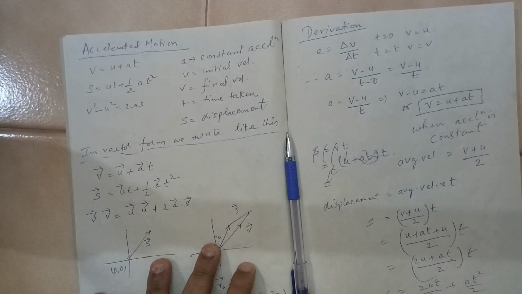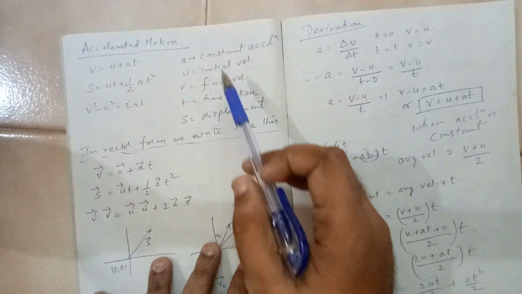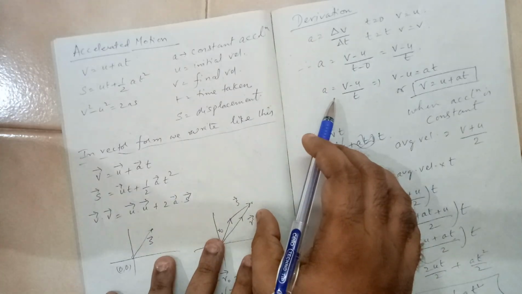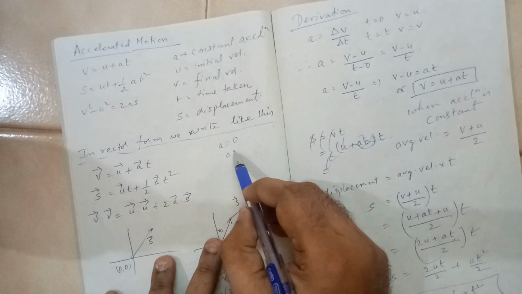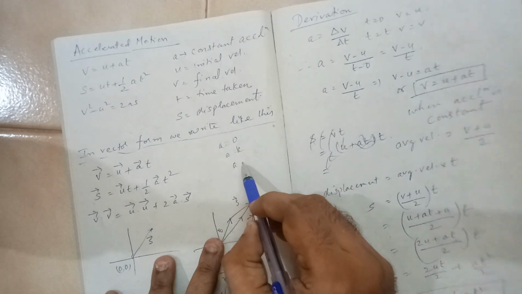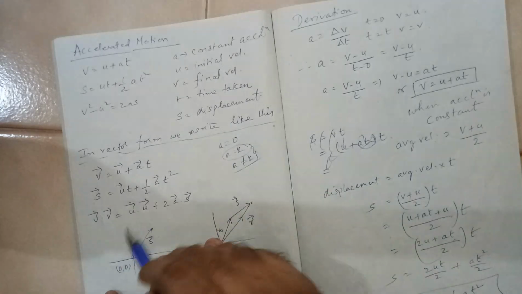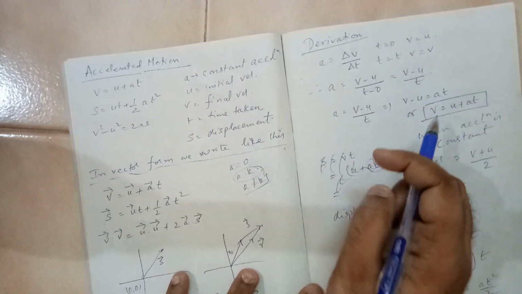When an object is moving with acceleration, you will have two types of acceleration: one is a constant acceleration, one is a varying acceleration. Either acceleration can be 0, or acceleration can be constant, or acceleration is not constant, it is varying. When acceleration is constant, we have three basic equations.